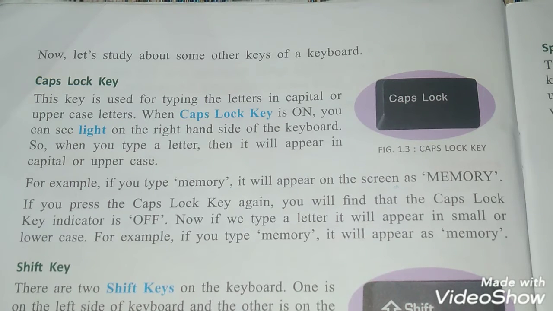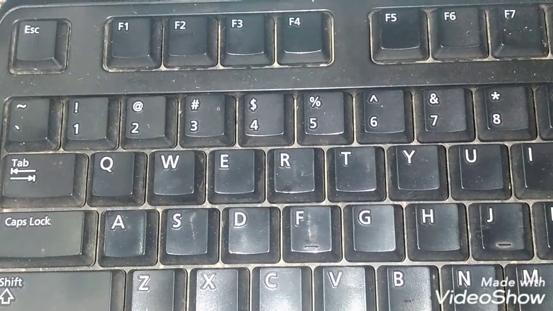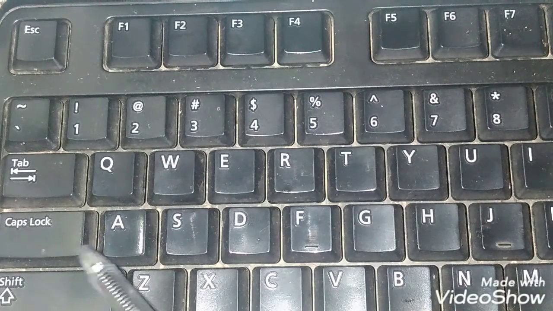Understand? Okay students, now we are going to work practically and see where the caps lock key is on the keyboard, where the light turns on, and what happens when we press the caps lock key and when we press it again. Okay students, this is our keyboard, and the caps lock key is on the left side of the keyboard. Firstly we press this key.